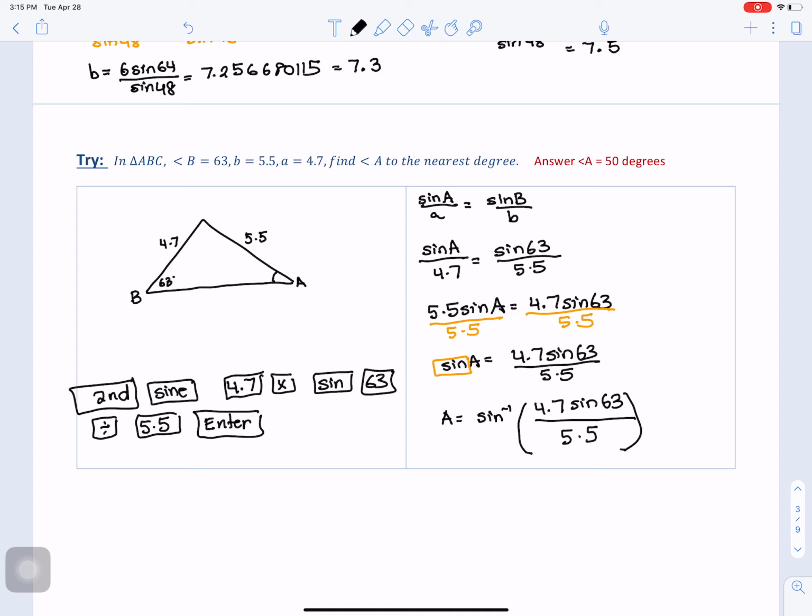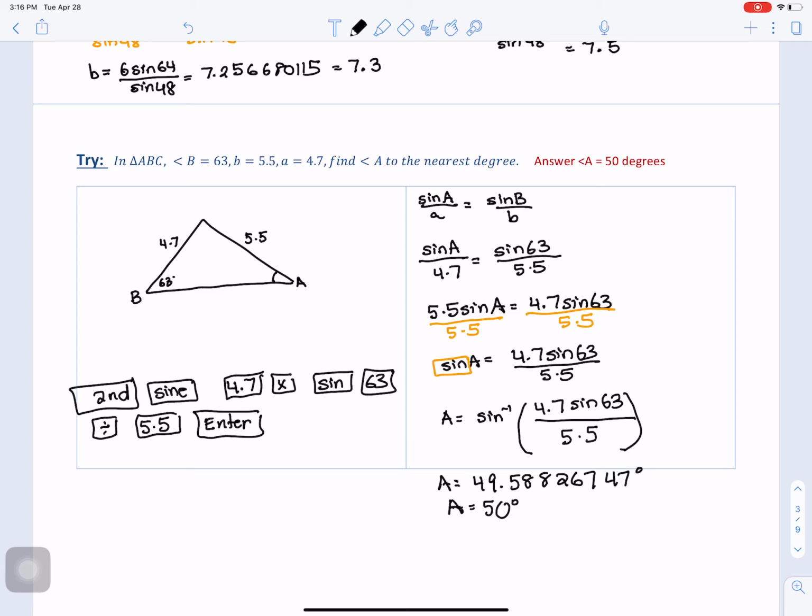Divide that answer by 5.5, second sine. So you get A is equal to 49.5882647 degrees, and we round that to the nearest degree, which is 50 degrees.